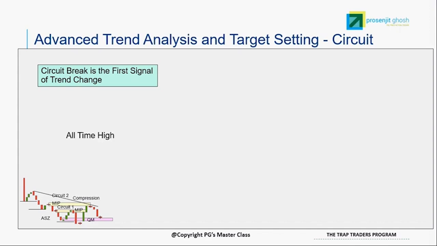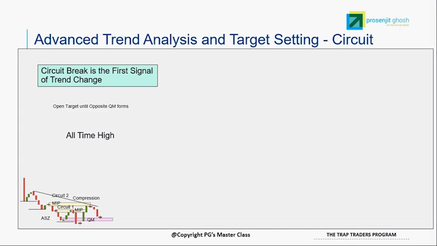My target can be the all-time high, because above this candle there is no data at all on the left, so this is known as the all-time high area in the chart. If I am a positional trader and I am taking this trade on this QM, what could be my target?